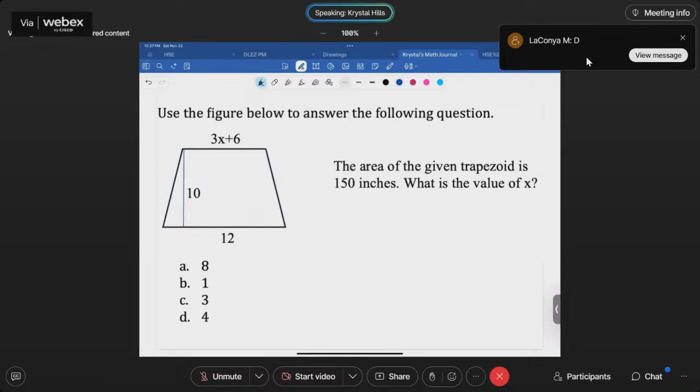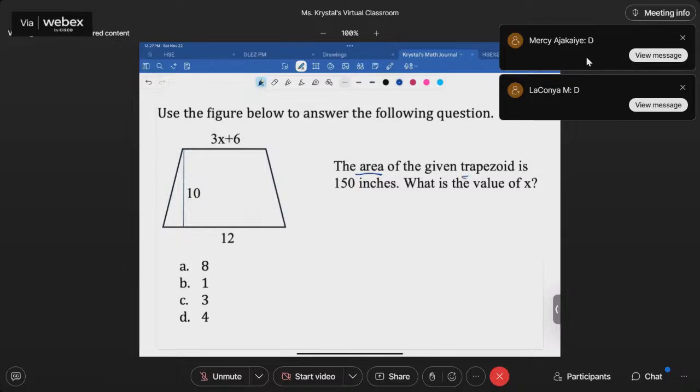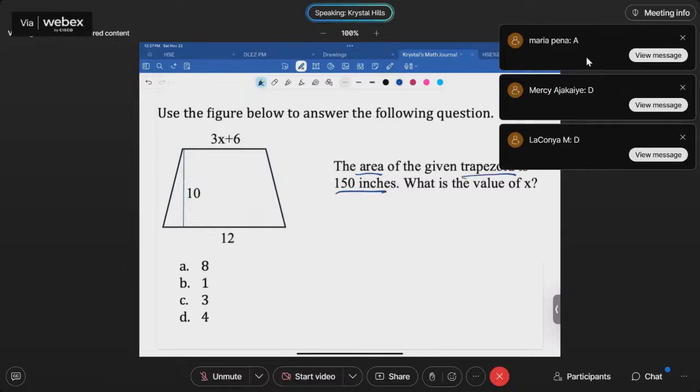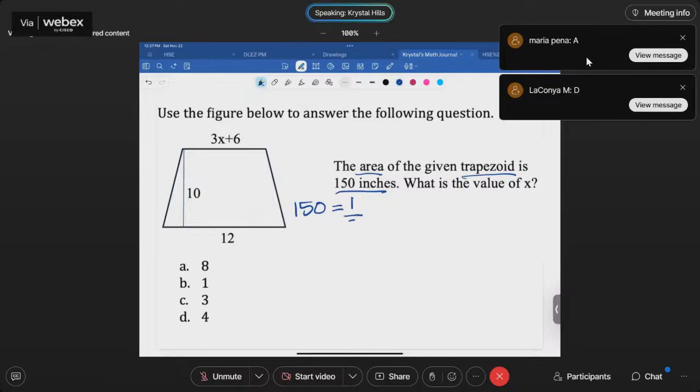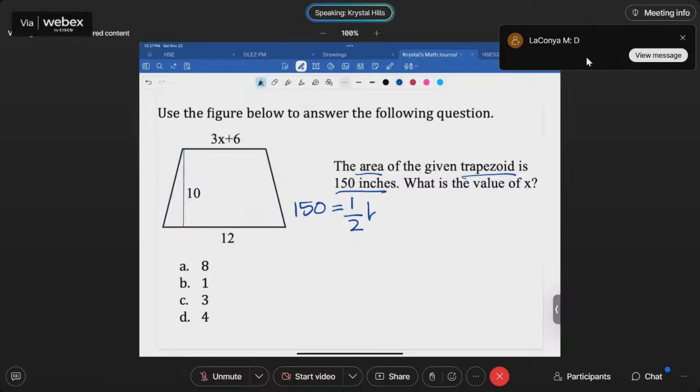All right. So we have area of a trapezoid is 150 inches. And our formula is 1/2 times the height times base 1 plus base 2.